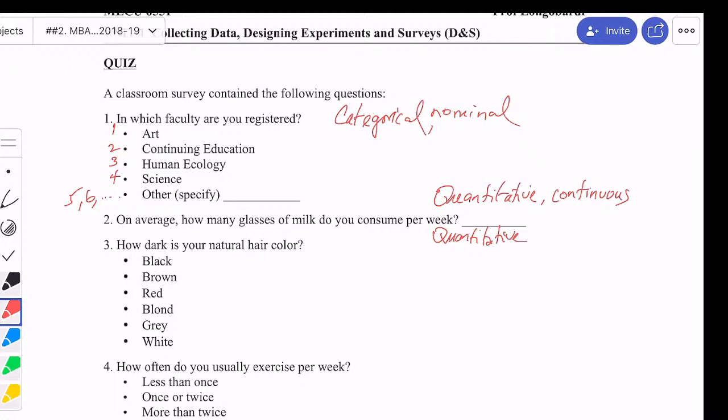So if you want to say that glasses have to be whole numbers, then you would say quantitative and discrete. But for me, it's not clear in the question, so I will be more generous and allow for continuity.